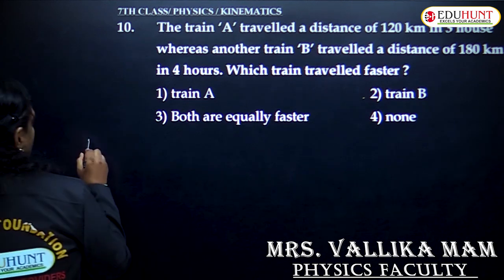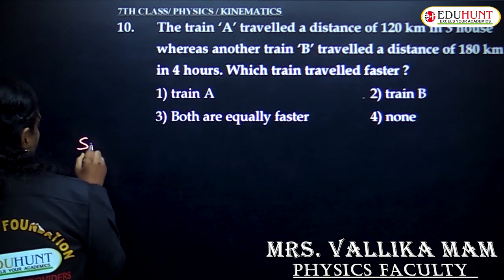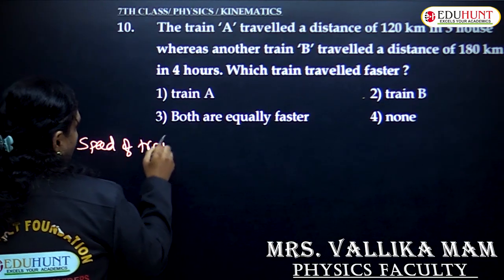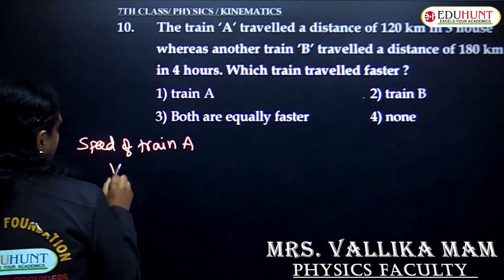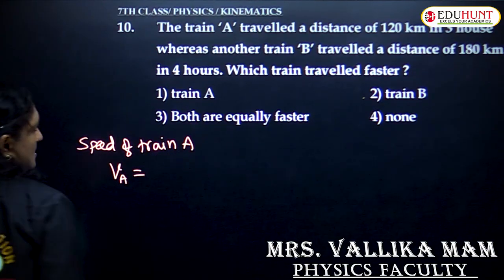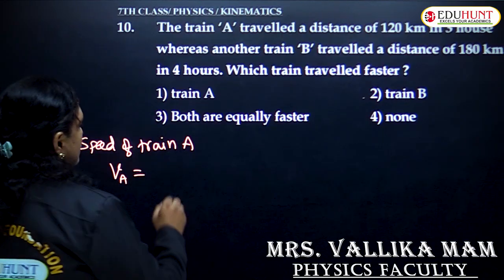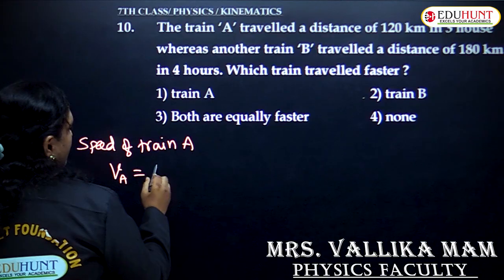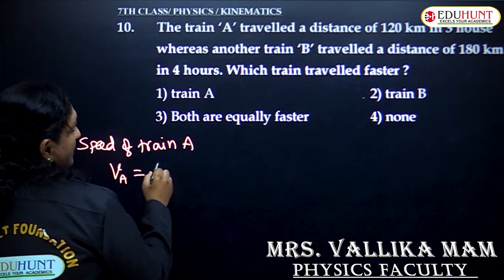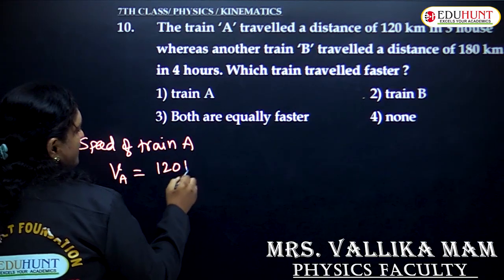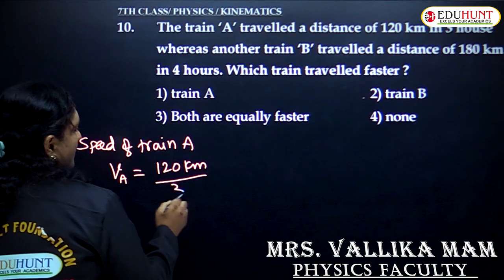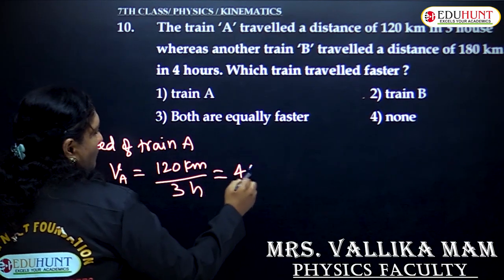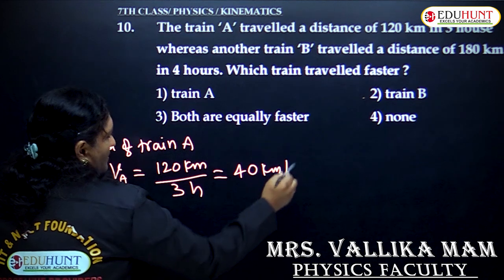If you consider the speed of train A, let me represent it as VA, which is equal to distance travelled by A upon time taken by A. Distance travelled by A, how much, children? 120 kilometers upon time given as 3 hours. So, your answer would be 40 kilometer per hour.